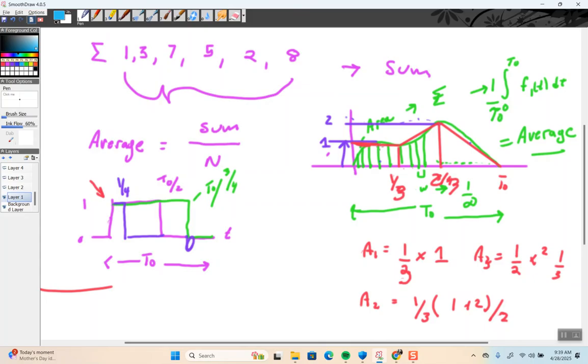And then we can even do it by breaking it up into rectangles and trapezoids and triangles, and then you sum up the areas and then divide by the period. But the task there is you need to be able to identify the period. It's a sine wave. What's the period of that?